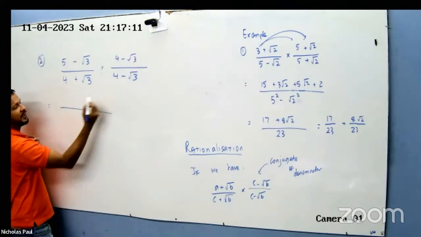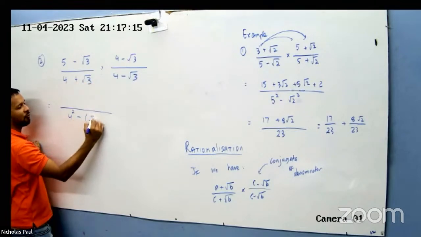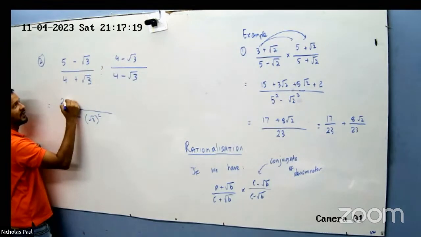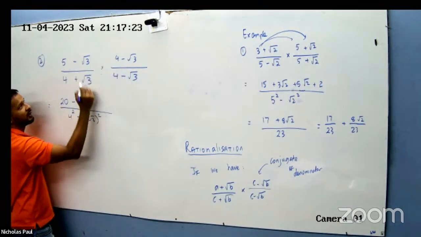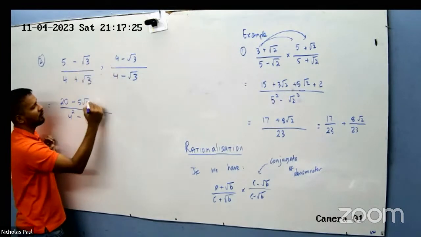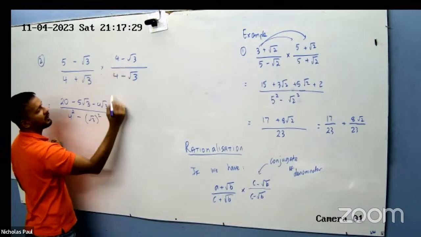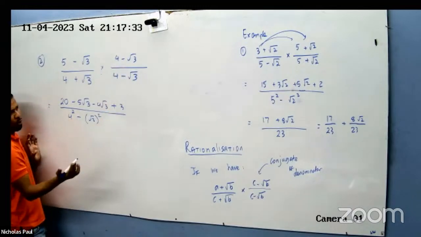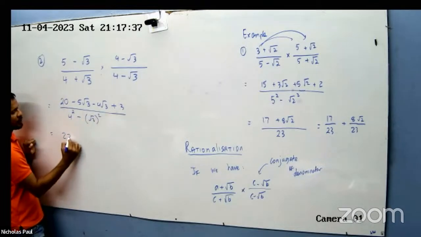This denominator is always going to be 4 squared minus root 3 squared. 5 by 4, that's 20. 5 by minus root 3, that's minus 5 root 3. Minus root 3 by 4 is minus 4 root 3. Minus root 3 by minus root 3 is plus 3, or root 9 if you want. 20 plus 3, that's 23.